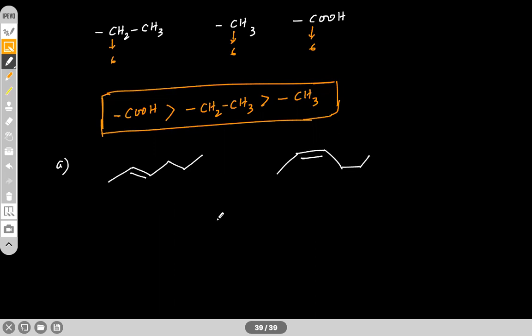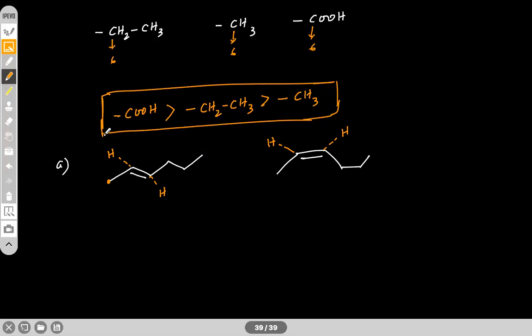Now, when you look at this molecule, okay, this is CH3 and this is the propyl group, this side, and CH3 this side. Obviously, this side we have hydrogen and this side we have hydrogen. Understood. Similarly, here also we have hydrogen and hydrogen. This is understood, right? Okay.